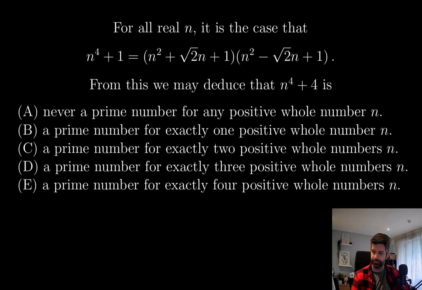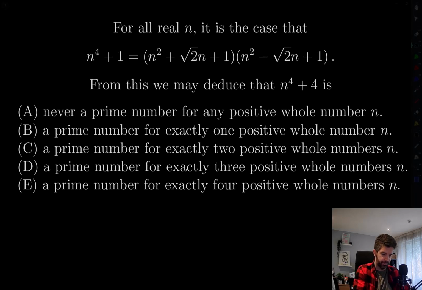So maybe it wasn't n to the 4 plus 1 that I was given in another question. Maybe it was n to the 4 plus 4. Okay, so n to the 4 plus 1 we're given is n squared plus root 2n plus 1 times n squared minus root 2n plus 1.